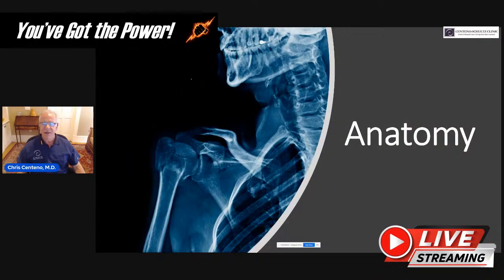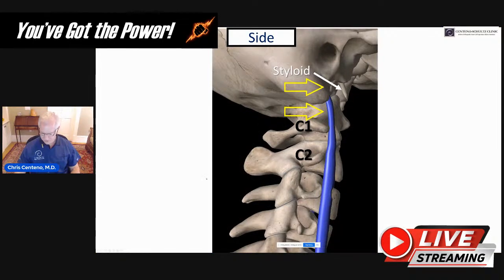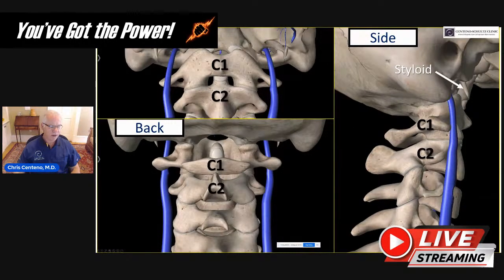Let's get into some anatomy first. We have the front of the neck here, and the back of the neck, and the side of the neck. Hold on a second, I'm going to try to get something where I can draw.